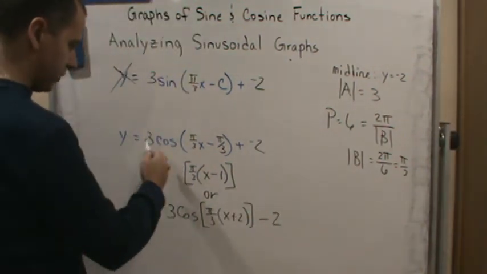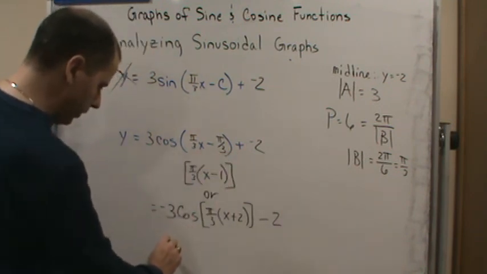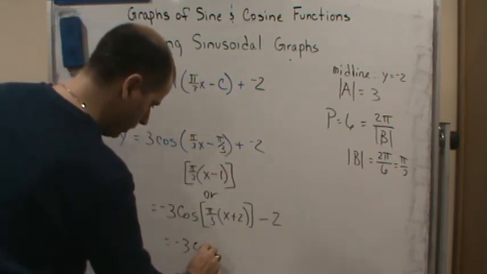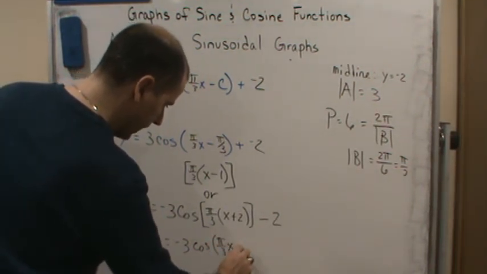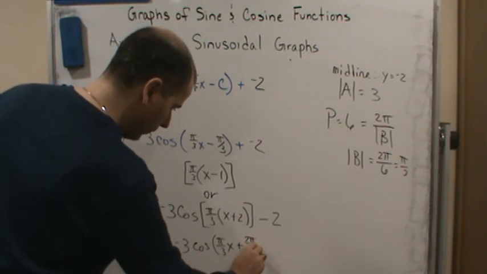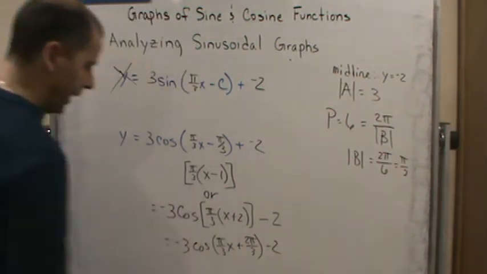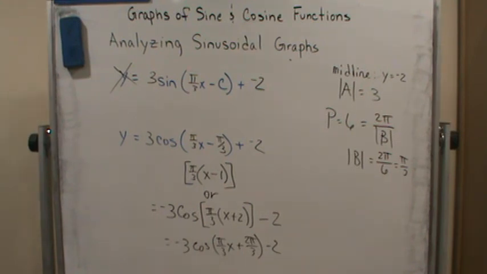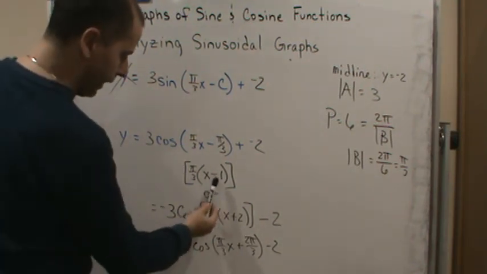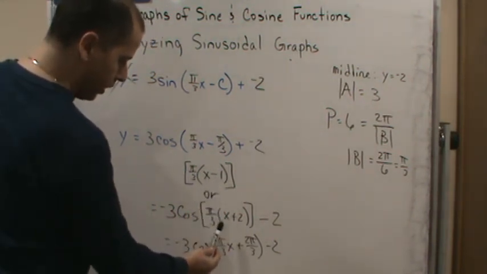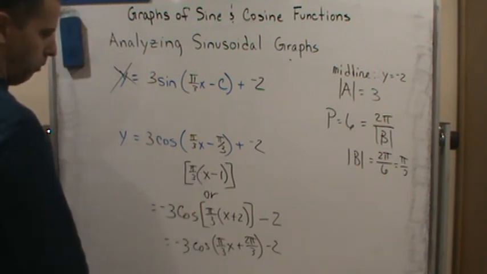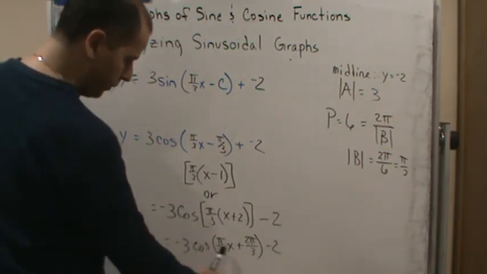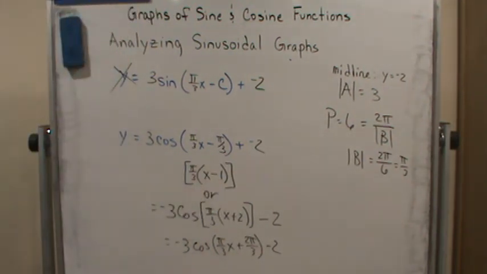So it's either going to be this one, or it would be -3 cosine of pi over 3 times x plus 2, which is pi over 3 x plus 2 pi over 3, minus 2. That would be the other one. Again, I start with what I have: it's got to have x minus 1 or x plus 2 in this case, but then my b has to be here. Then when I distribute, I get my final result. Okay, have a great day.